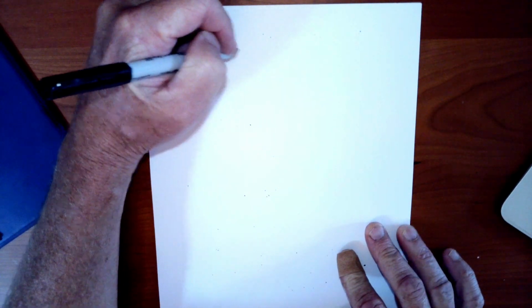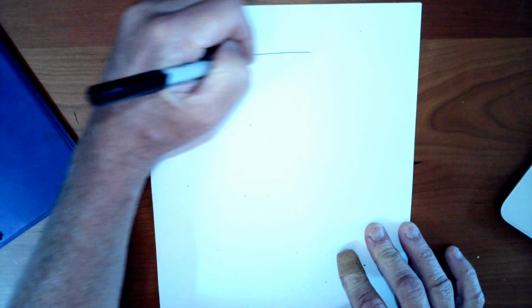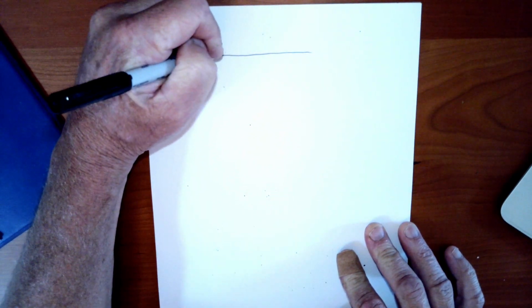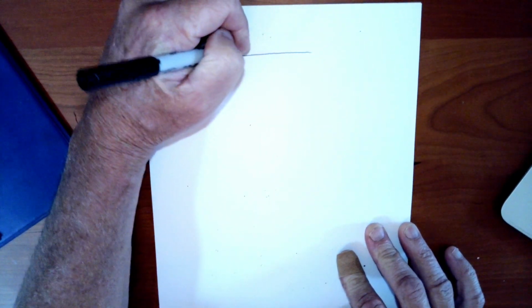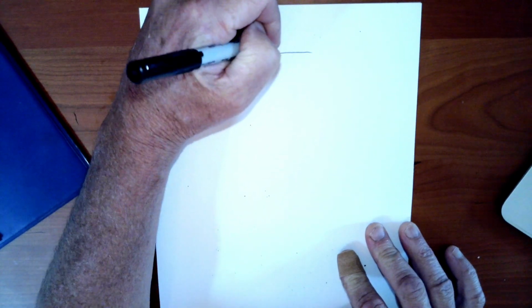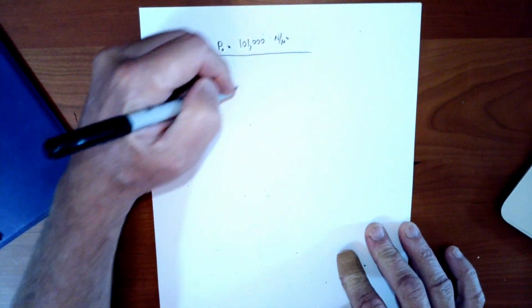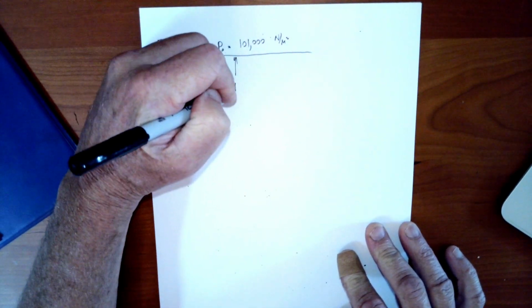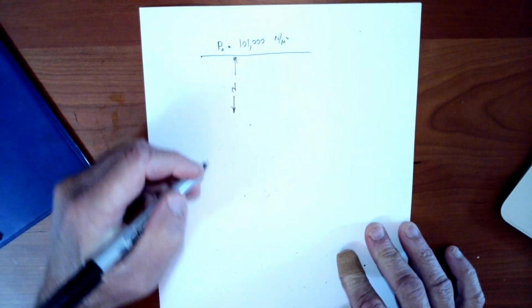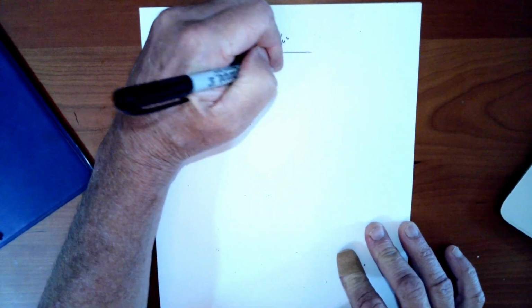So we're going to draw this up here. We've got a surface of water up here. I know that the pressure at the surface of the water is 101,000 newtons per meter squared. I'm going to go down to some depth here, call it D, which is going to be under the water. Here's the water.